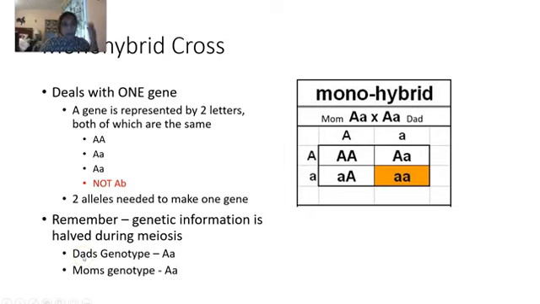So remember, in meiosis, you're going to have that genetic information. Half of the gametes formed from the dad are going to have the dominant A allele, and half of them will have the recessive lowercase a allele. And so here you have your mom and dad.